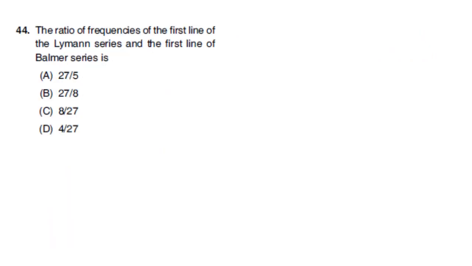The ratio of frequencies of the first line of Lyman series and the first line of Balmer series is. So here you know that the wave number is given by R into 1 upon n1 square minus 1 upon n2 square, where n1 and n2 are principal quantum numbers. For Lyman, n1 is 1 and n2 starts from 2.